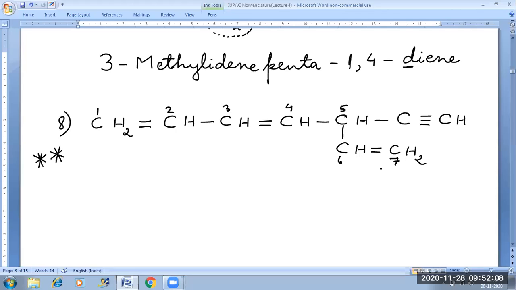After 5, I can do 6, 7 the way I have done, or I can do 6, 7 like this. Irrespective of that, I'm getting 7 as the longest chain of carbon atoms. So whether I go straight or I come down after 5, I'm getting the length as 7 carbon atoms. That means the length of the chain does not change even if I go on the right hand side.